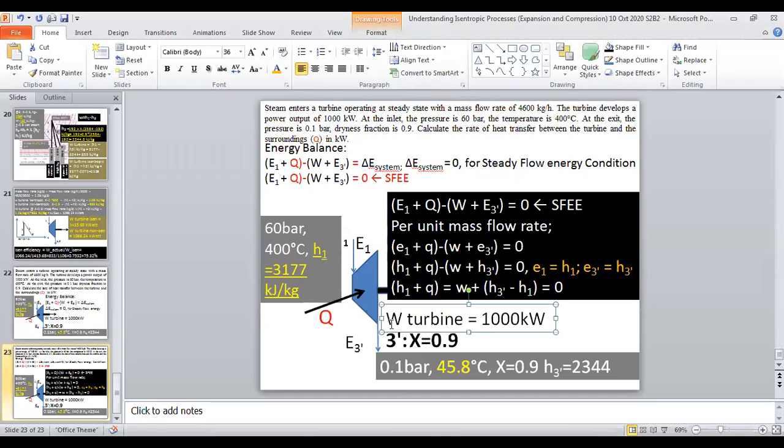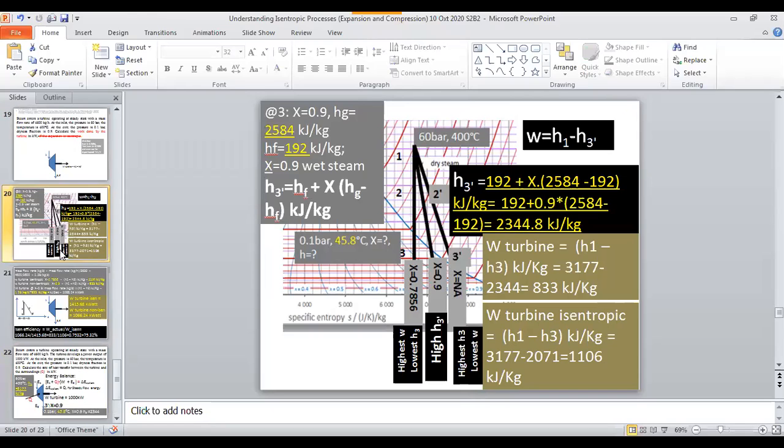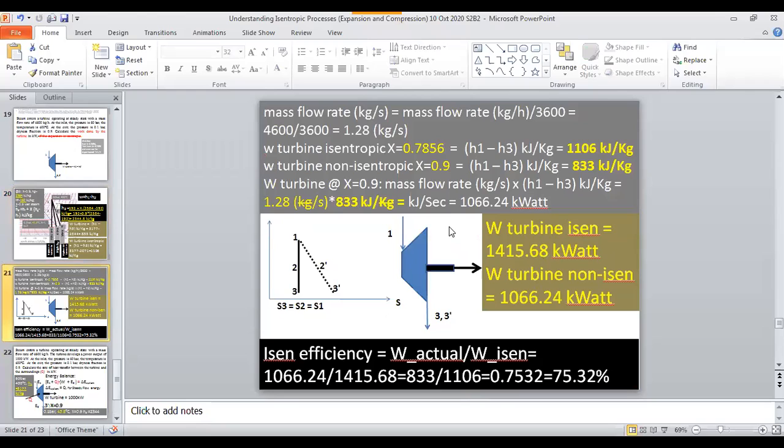So what is W? W is 1000 divided by your mass flow rate. Per unit mass flow rate means you have to divide it by 1.2 kilogram per second.